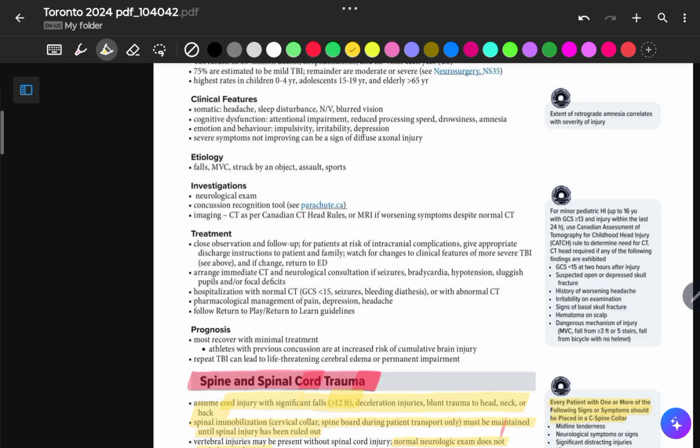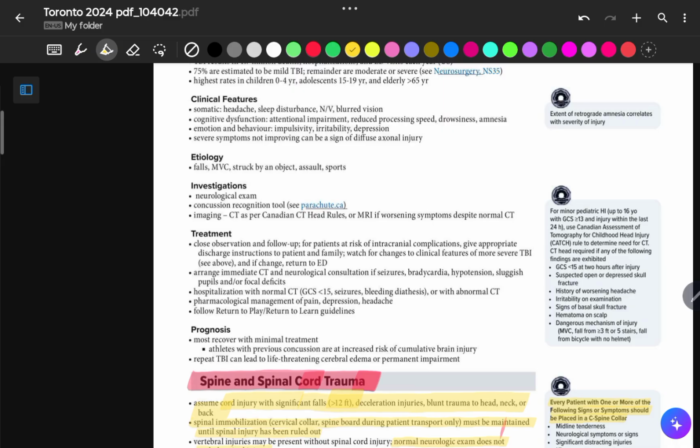Hospitalization with a normal CT is indicated if the GCS is less than 15, they have seizure, or they have bleeding diathesis, or with an abnormal CT, then you can admit them. For pharmacological management, you manage pain, depression, and headaches, and follow return to play or return to learn guidelines.